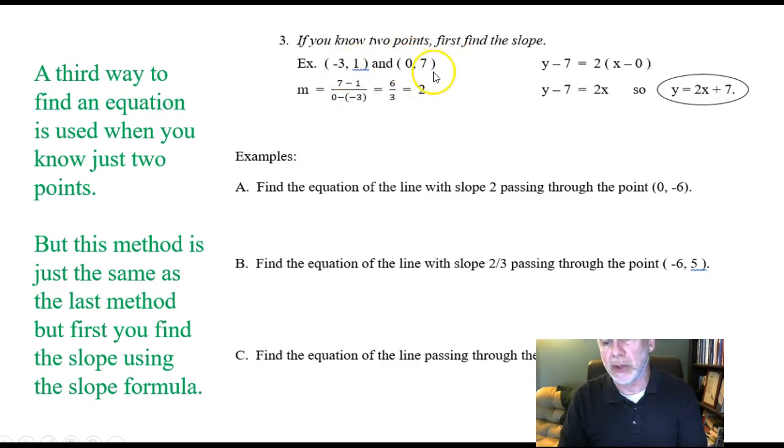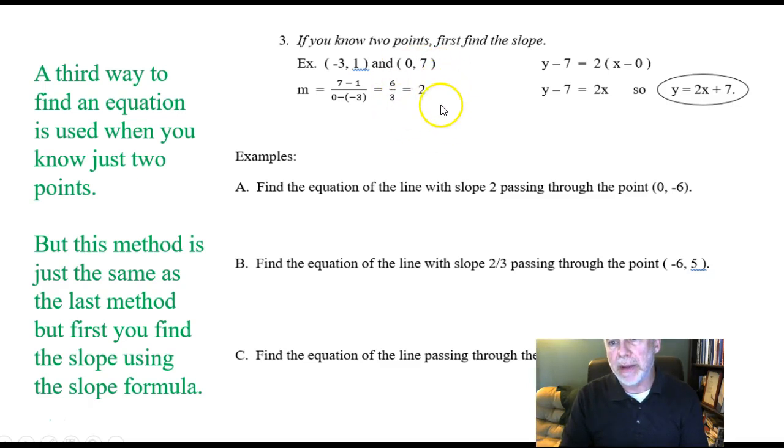So I'm going to do y2, which is 7, minus y1, which is 1, over x2, which is 0, minus negative 3. So 0 minus negative 3, of course, that becomes just 0 plus 3, or 3. And so 7 minus 1 is 6, over 0 plus 3, which is 3. So 6 over 3 is 2. All right?